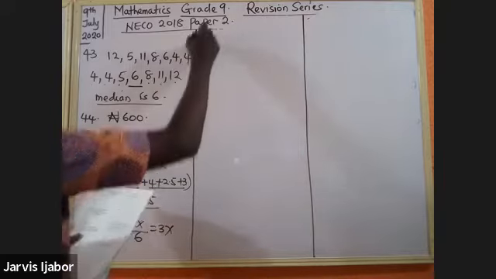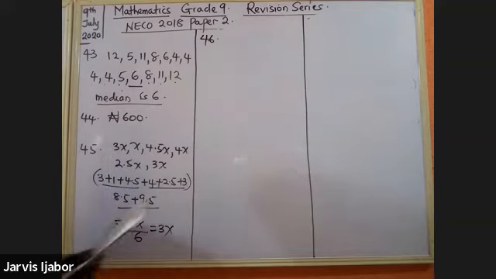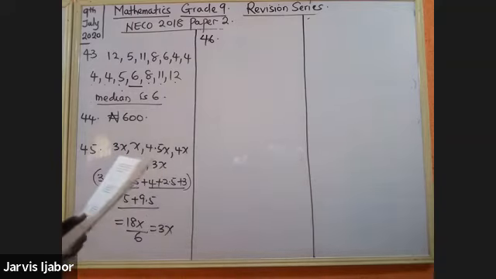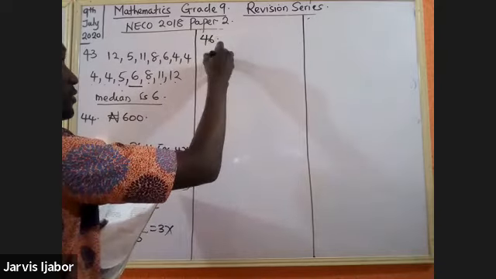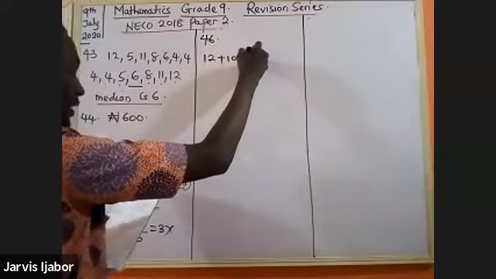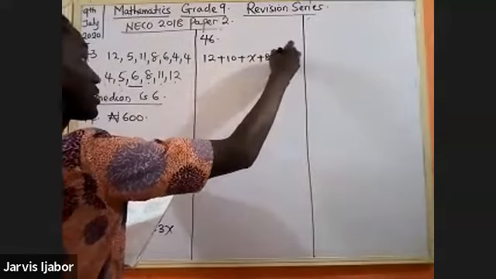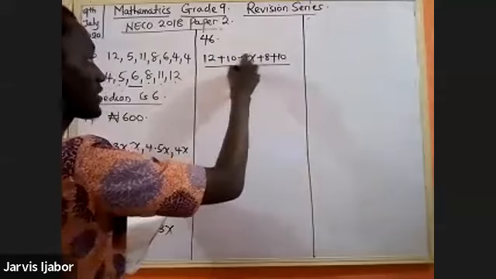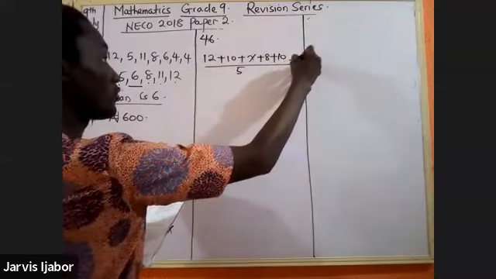Now, question 46 says, if 12 is the mean of the following numbers, find the value of x. Now, it means that 12 plus 10 plus x plus 8 plus 10 all over 5 items, 1, 2, 3, 4, 5, will be equal to what? 12.